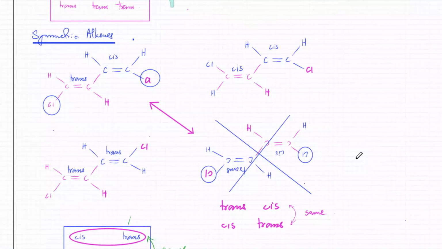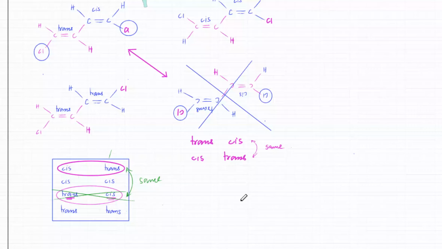When I did the same thing but this time the molecule was symmetric, we figured out that this arrangement and this arrangement are exactly the same. So your number of isomers dropped to 3 instead of 4. Is that clear?